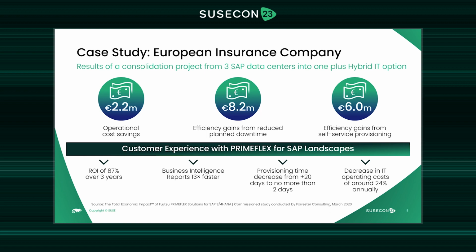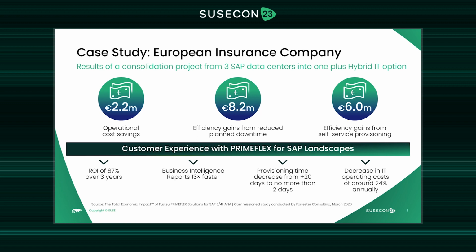So as the PRIMEFLEX, as we call the whole concept, the whole solution, the PRIMEFLEX for SAP landscapes, which the FlexFrame Orchestrator is a part of, can assign virtual and physical system resources on the fly in a self-service fashion, the SAP team was now able to use infrastructure resources without needing any manual help from the IT team.